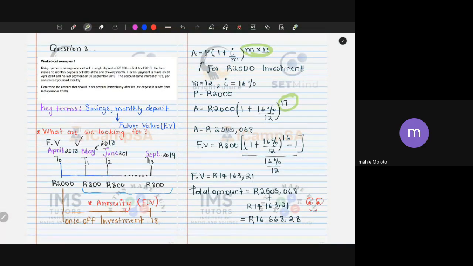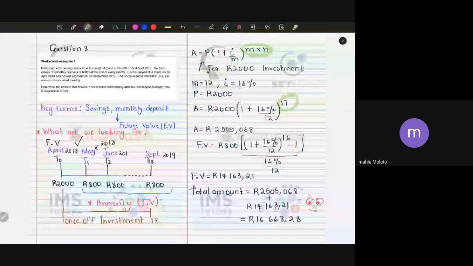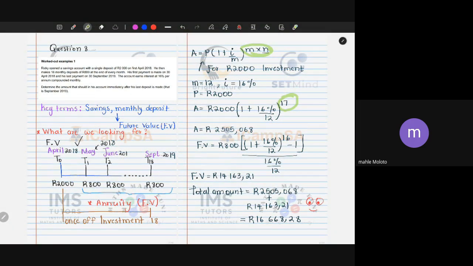So because they are saying compounded monthly, 3 years translates to 36 months. You understand? So all we are doing is counting the number of months for the duration that we are given. But here it is nice because they say compounded monthly, but our period is even shorter. So we can just count the months. If they say compounded monthly for 2 years, how many months is that? 24, on point.